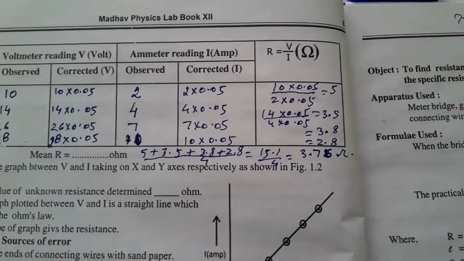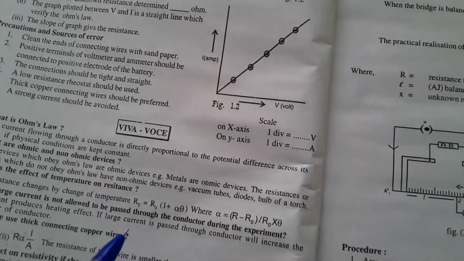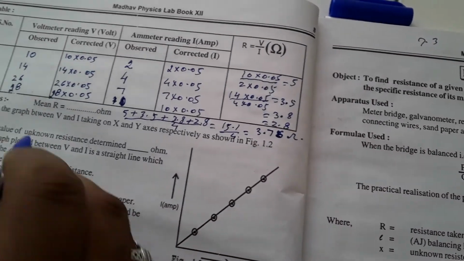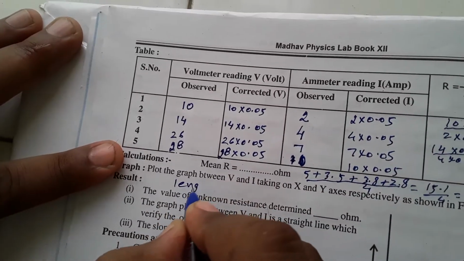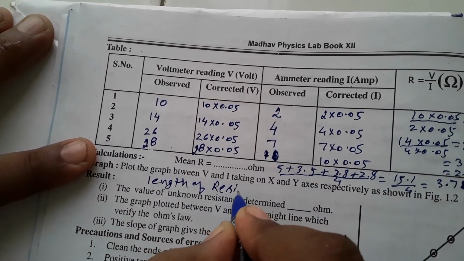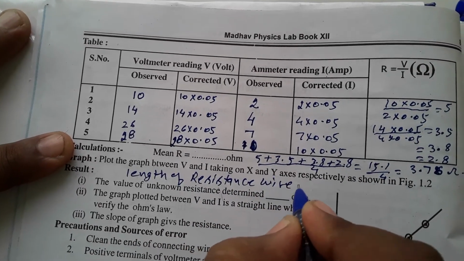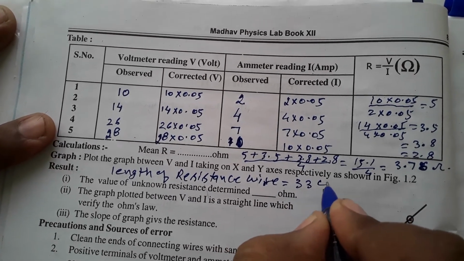Now we can take the length of the resistance wire. Length of the resistance wire is equal to 33 centimeter.